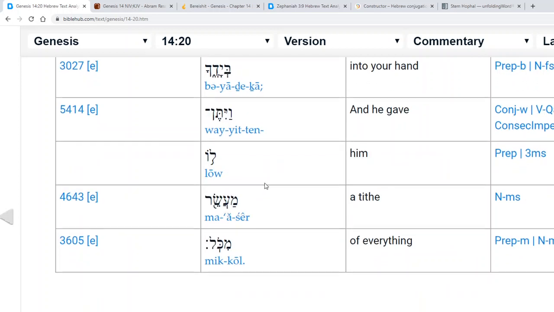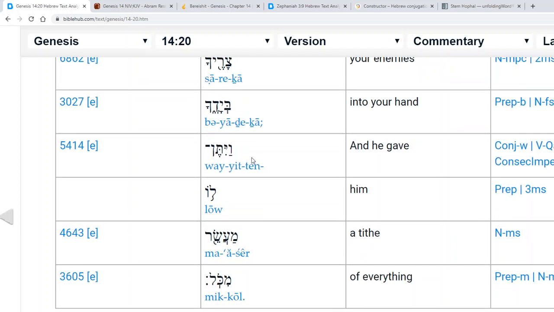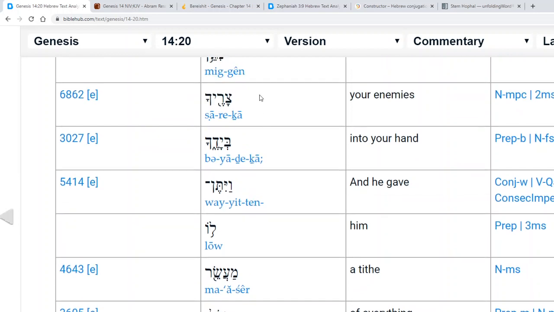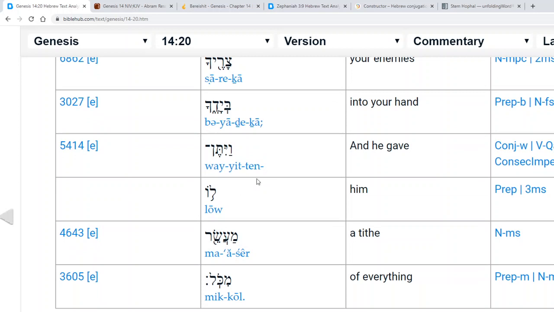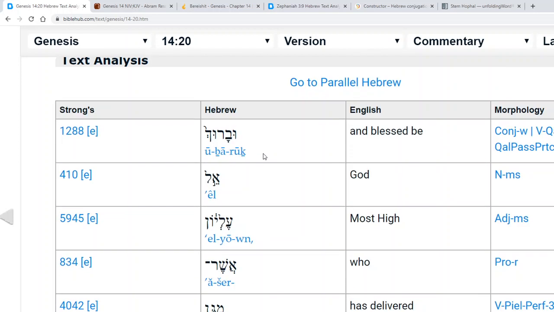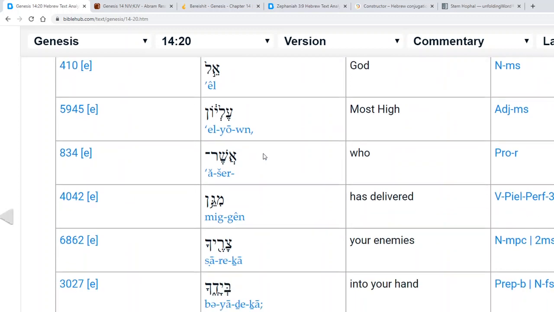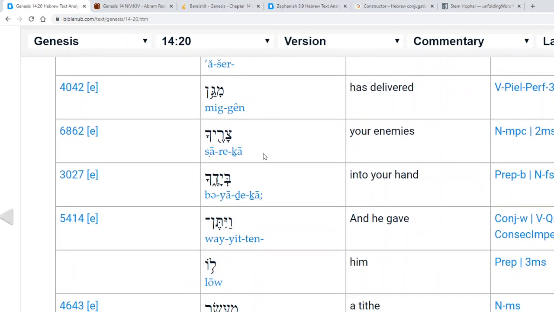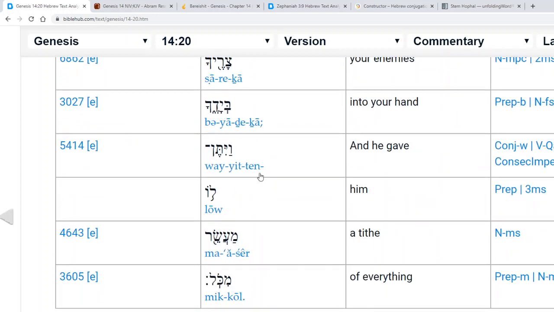What exactly the root is there, that's up to you. Vayiten lo, and he gave him, right? Okay, so ubaruch kel elyon asher magen tzarecha beyadecha vayiten lo maaser mikol.